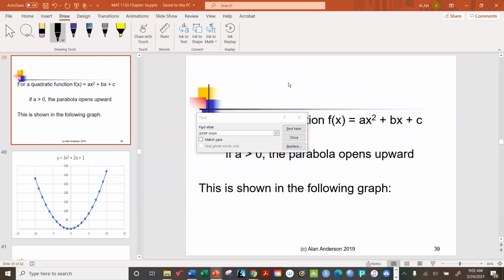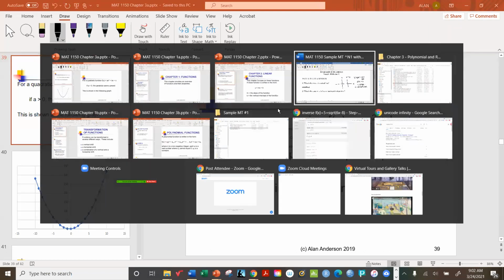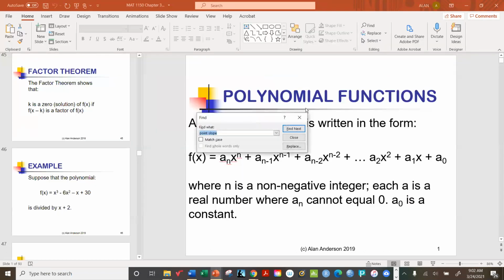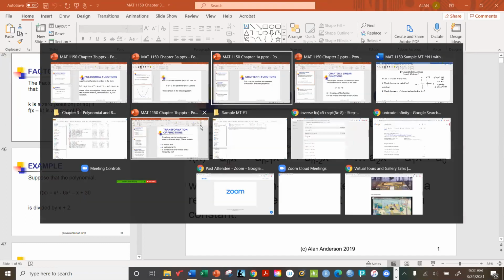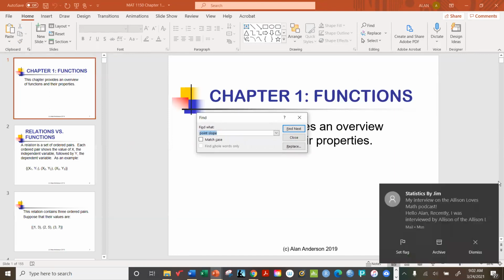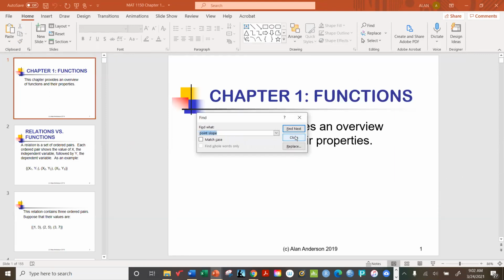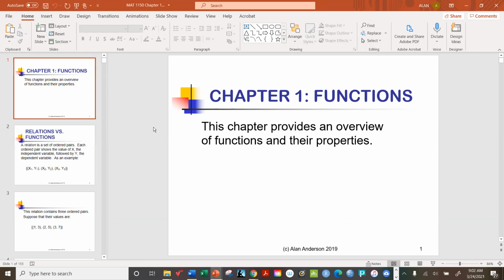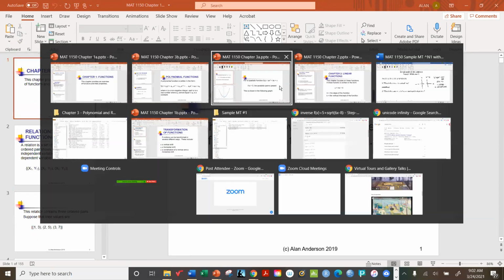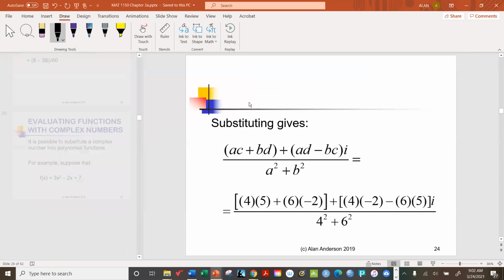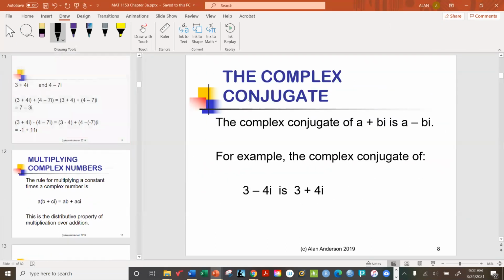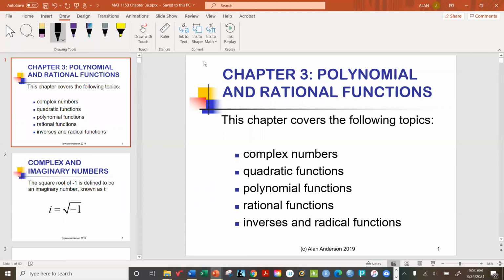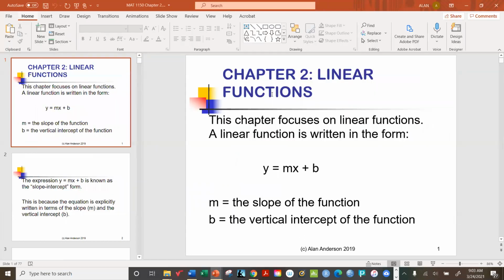Well, let's see. The problem with the search engine is that it's not going to pick up on equations. But that should still have appeared somewhere. I would have guessed it would have been in 2.